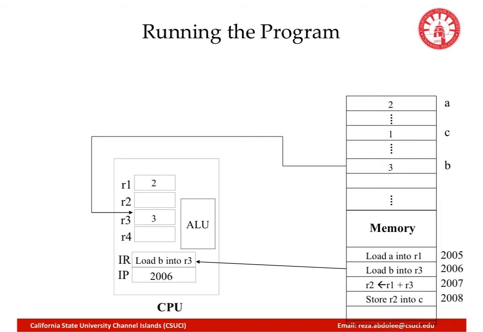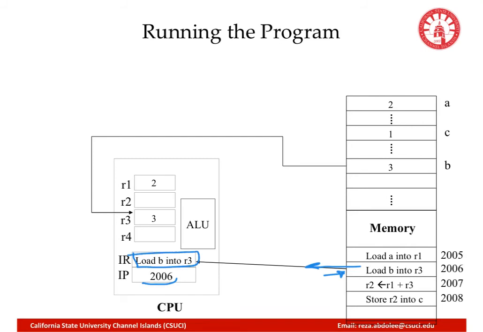In the next step, the instruction pointer is going to be incremented by 1. Now the instruction pointer is 2006. Therefore, it points to this location within the memory. So it points to this location, and therefore in the fetch state, the CPU is going to fetch this instruction and put it in the instruction register.